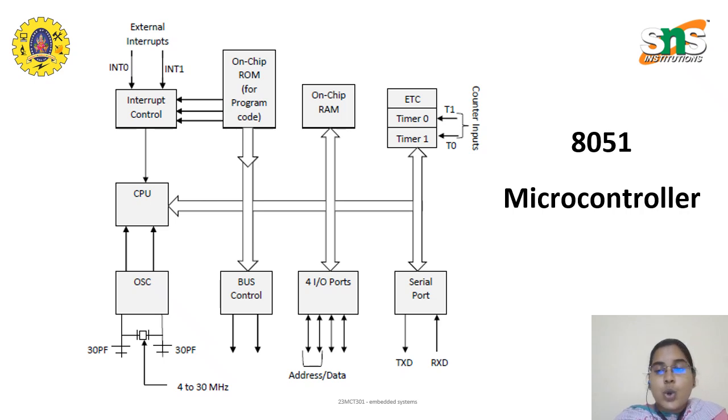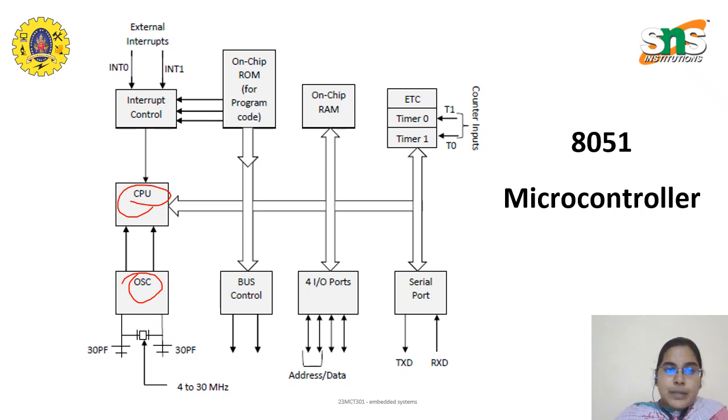Next, we are going to discuss the 8051 microcontroller, starting from the CPU. This is the central processing unit, right? It performs the same process as in a microprocessor, and now we have a clock generator. For the clock generator, you can see a crystal oscillator circuit here with 4 to 30 megahertz.